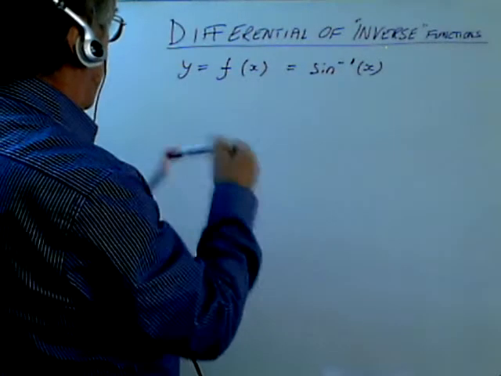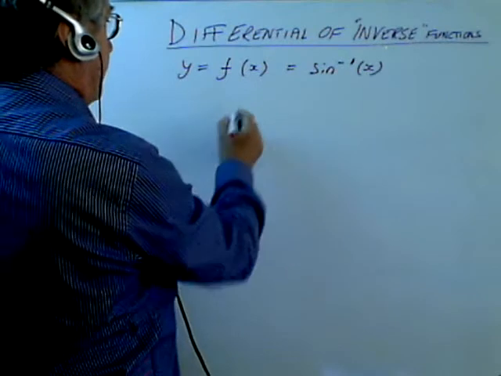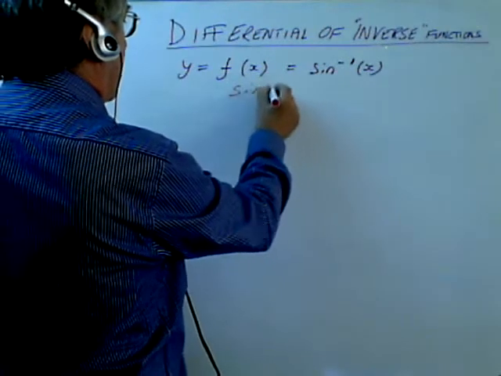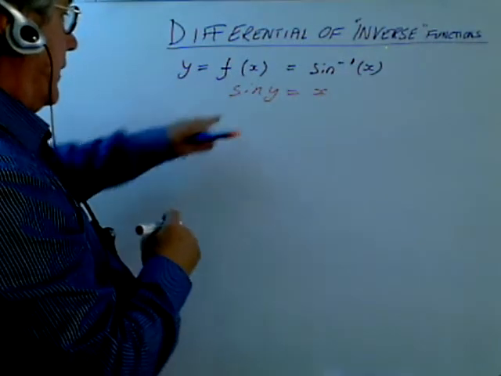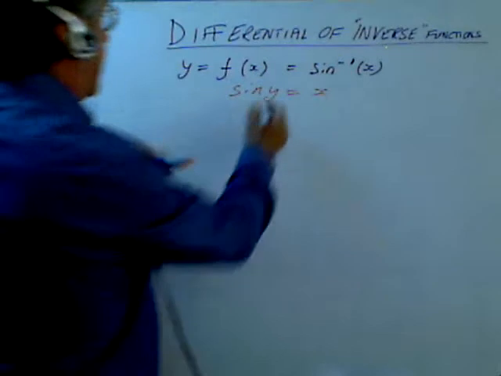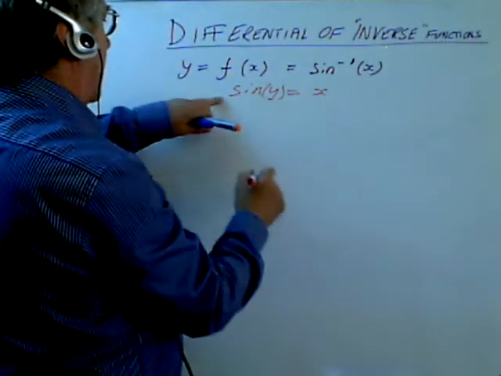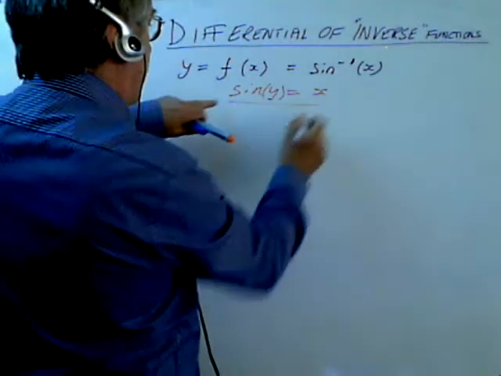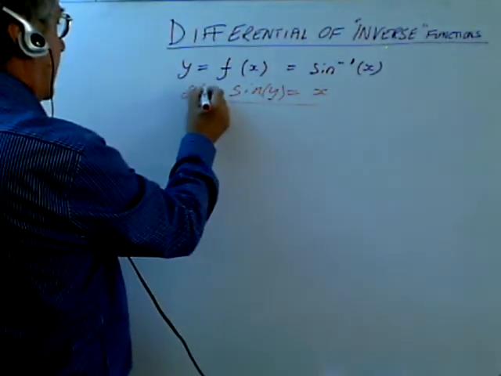If f of x is equal to that, then we see that the sine of y must be equal to x, by definition, if you like. Now, I can differentiate this thing, which I'm going to call g of y.